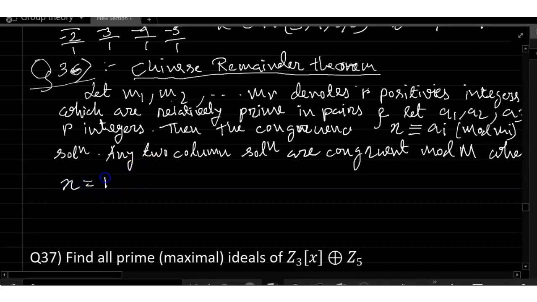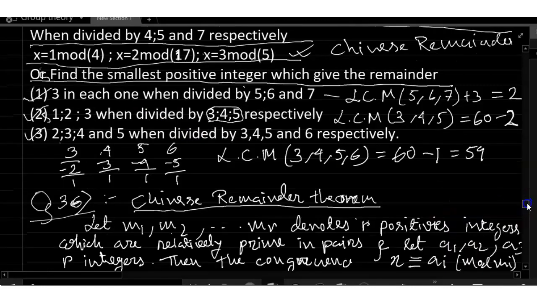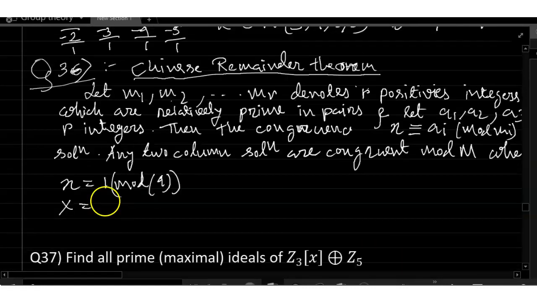x equals 1 mod 4, x equals 2 mod 7, and x equals 3 mod 5.